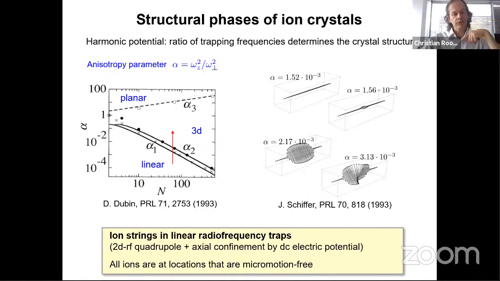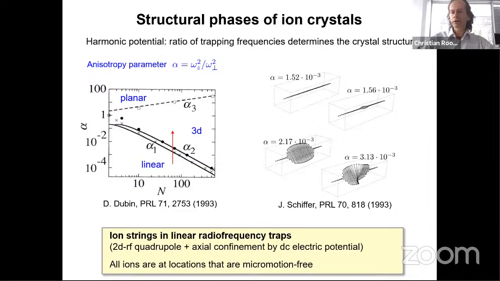If you have a weak confinement along this direction, then it is possible to form linear ion crystals along this line, and you can confine them in this weakly confining direction by a DC electric potential in such a way that the ions are all located at places where there is no micromotion, that is, no driven motion induced by the strong time-varying electric fields of the trap.